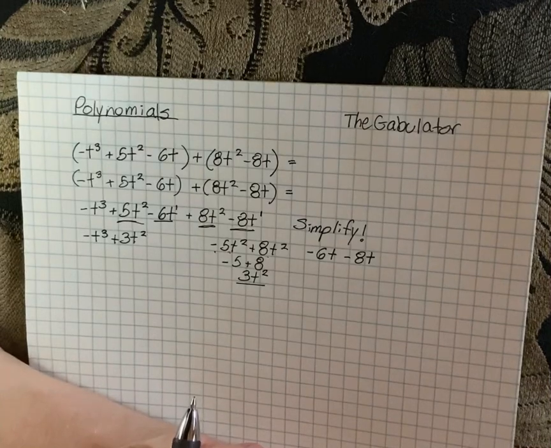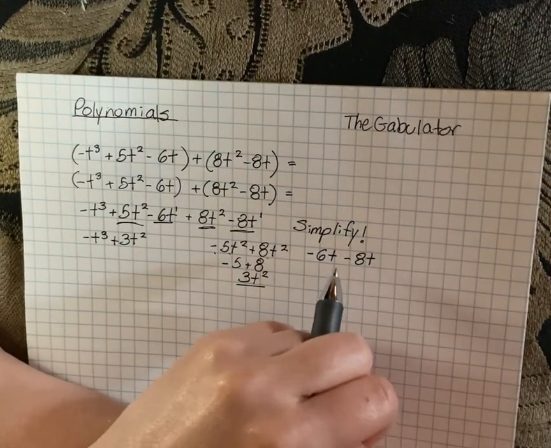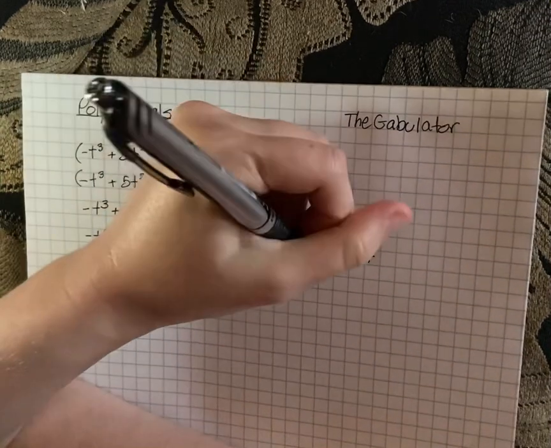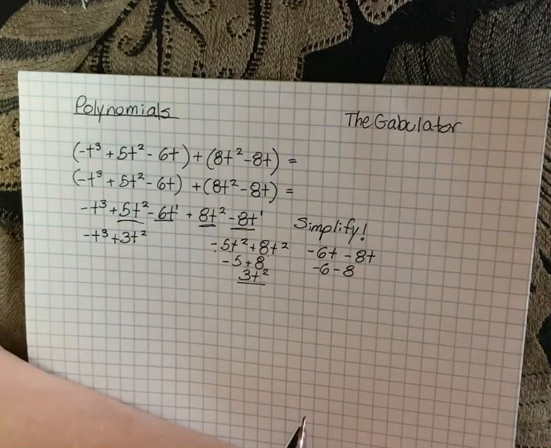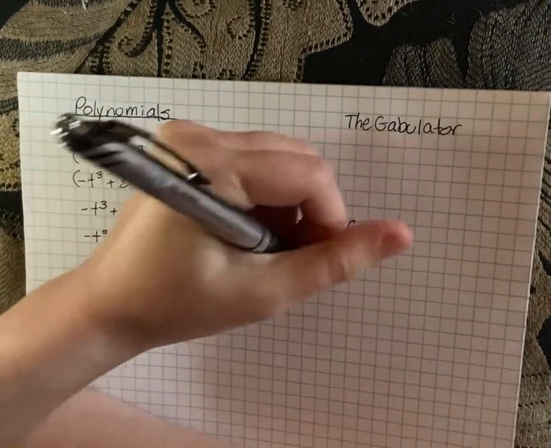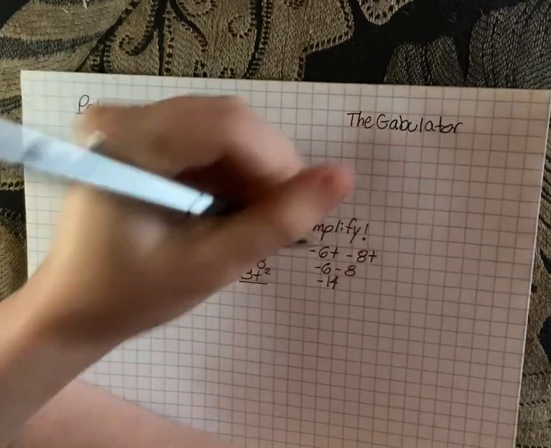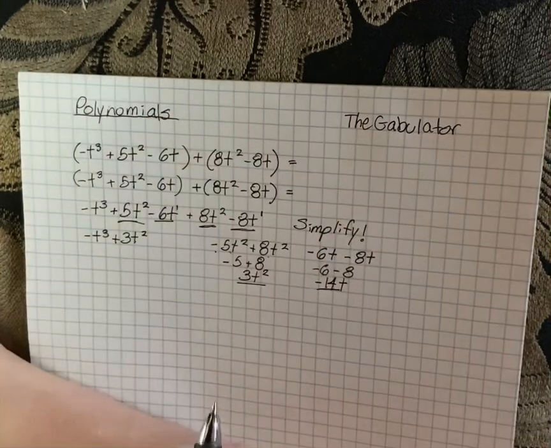minus 8t. All right, so just like we did over here, we're going to pretend the t's don't exist for a moment and just deal with the numbers. So we've got -6 minus 8. All right, so -6 minus 8 gives us -14. And we bring that t down, so it's -14t.